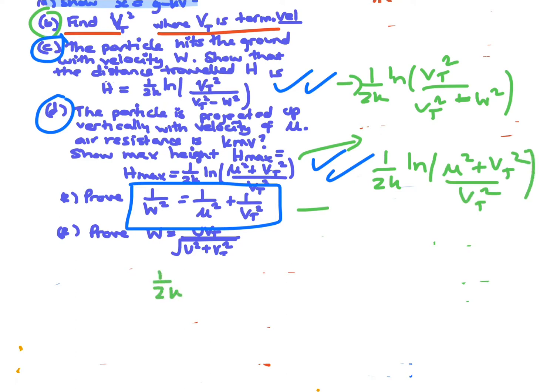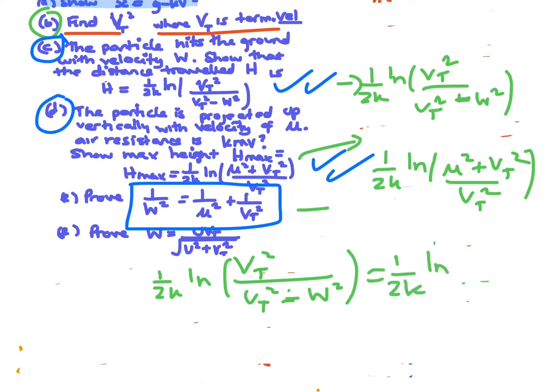So if we make these two things equal to each other, ln vt squared on vt squared minus w squared, because it's the same height up and back, is 2k ln mu squared plus vt squared on vt squared.